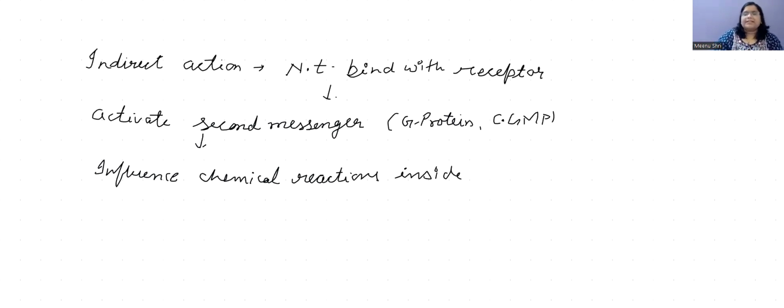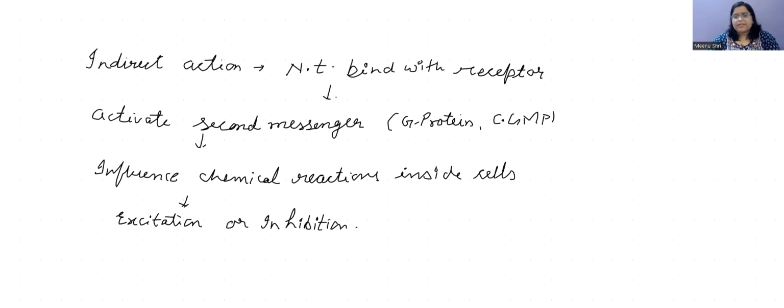And as such chemical reactions proceed, what will happen? These chemical reactions can produce either excitation or inhibition of the postsynaptic neuron. Getting my point?